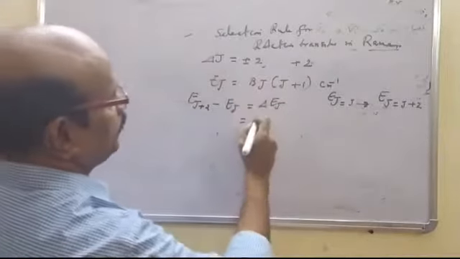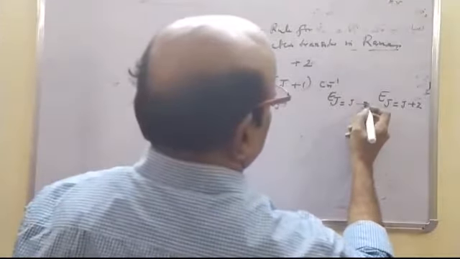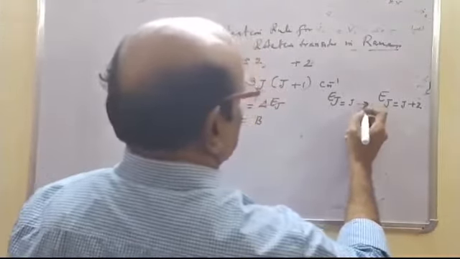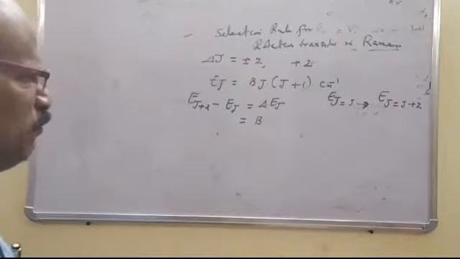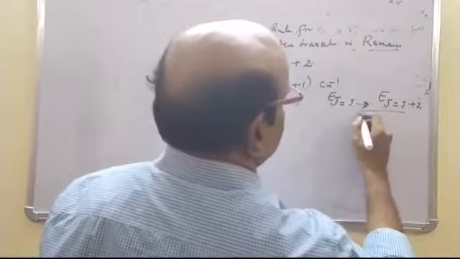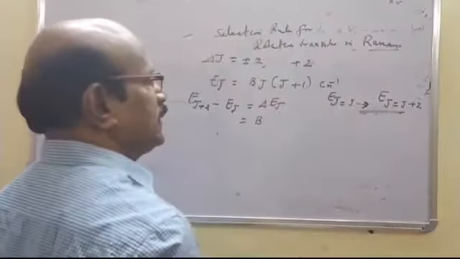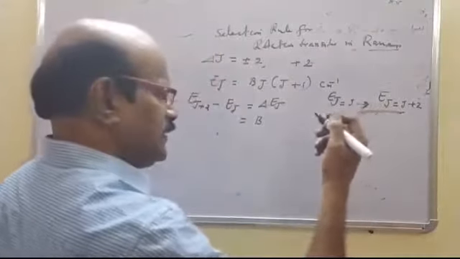That is equal to B into J, the transition from J to J plus 2 is what we are going to take. Look, we take the difference, since it goes to the J plus 2 level, like J to J plus 1.